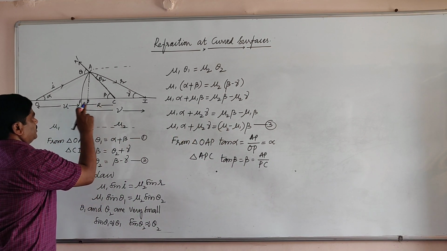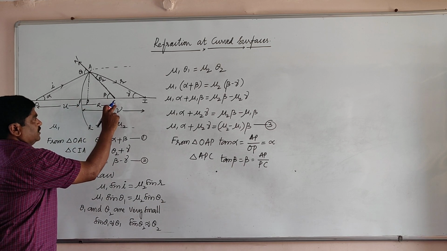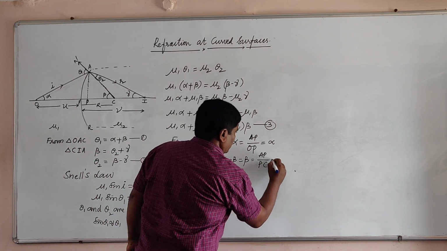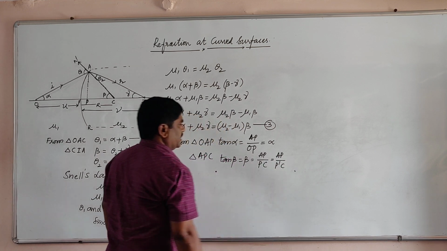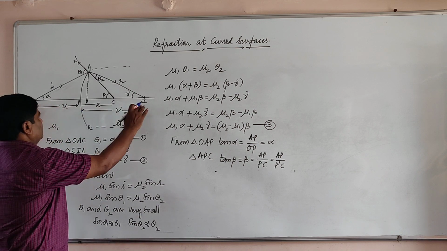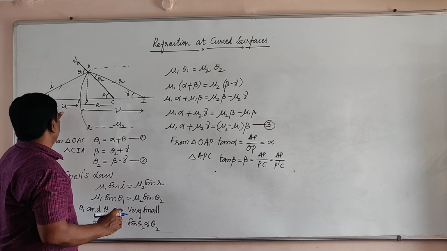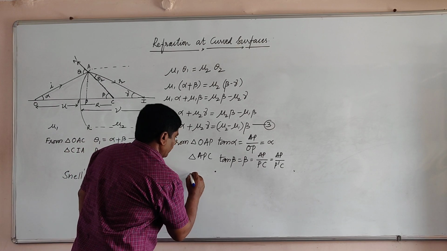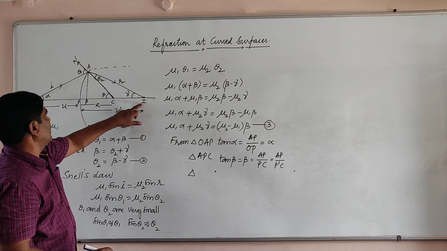Actually the radius of curvature is taken from P dash C, but we'll take it from here as PC. So I may write beta as AP by P dash C, because P and P dash are a negligible distance apart. The thickness of the lens is very small compared to the object distance, image distance and the radius of curvature.